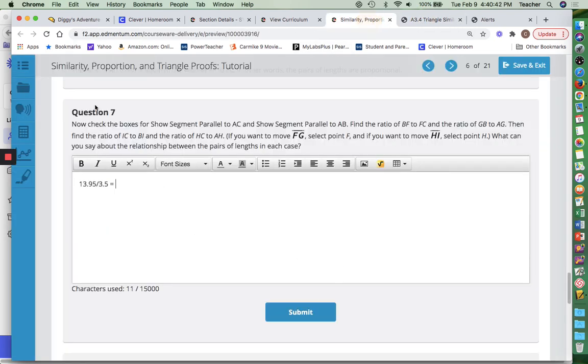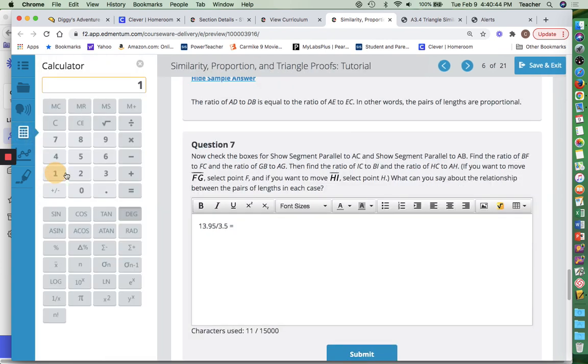Let's divide that. I'm getting roughly a 4. 3.98. I'm going to say 4. So that was BF to FC.